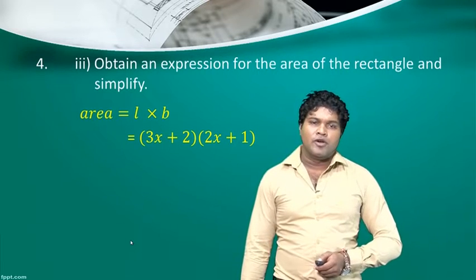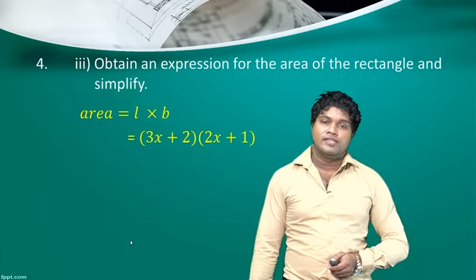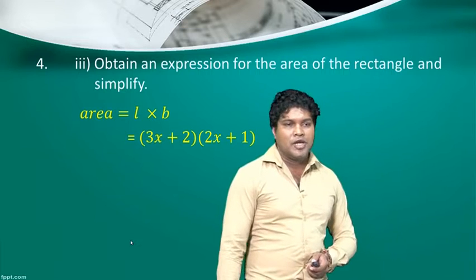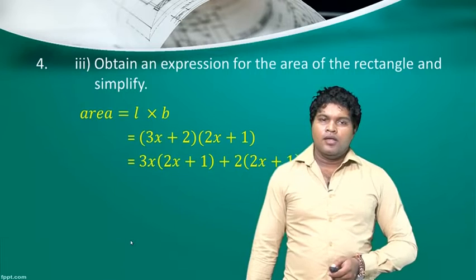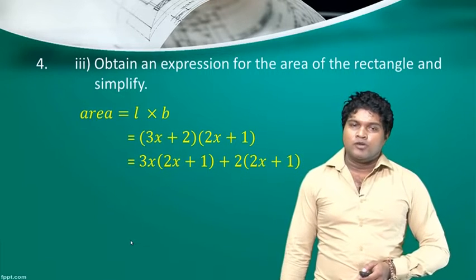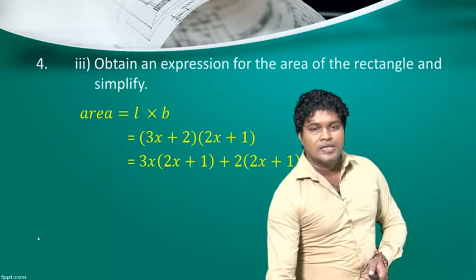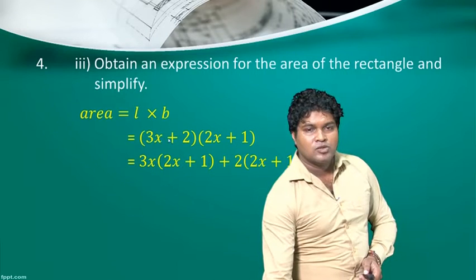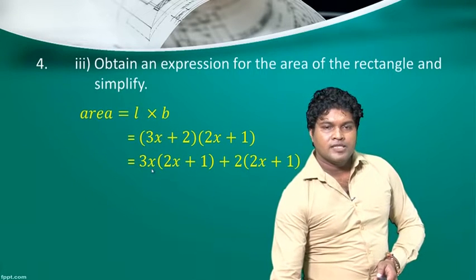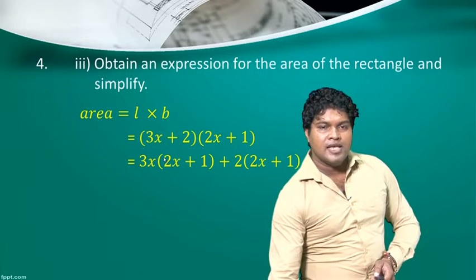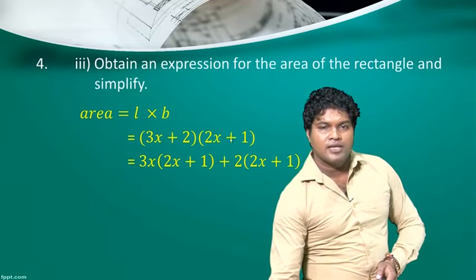Then one by one you have to remove the brackets because you have to simplify this answer. (3x plus 2) into (2x plus 1). How to simplify? By the first term, 3x, you have to multiply 2x plus 1.